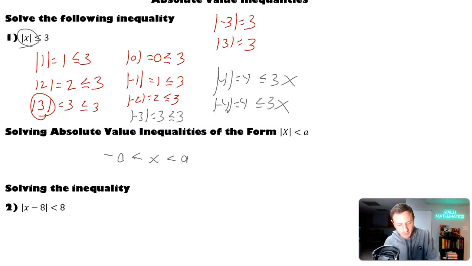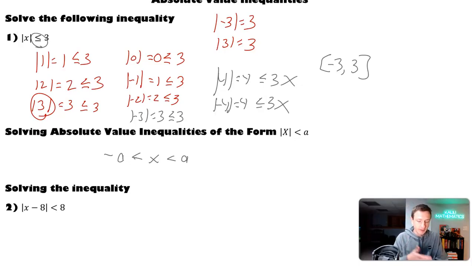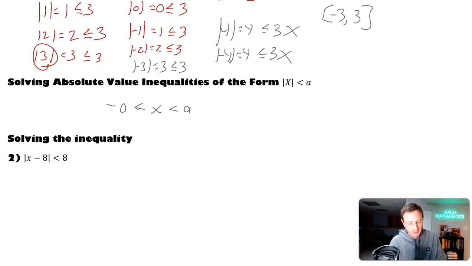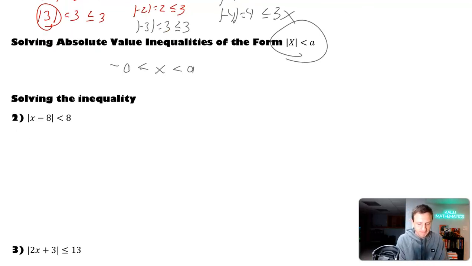The solution for this first one is going to be from negative 3 to 3, any value between negative 3 and 3. The reason we're including 3 and negative 3 is because we have less than or equal to, meaning we're including them. So this is the first rule we're going to use for this form: take that expression and put it between negative a and a.